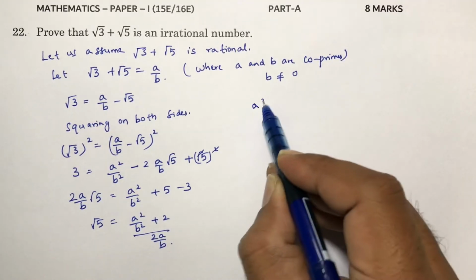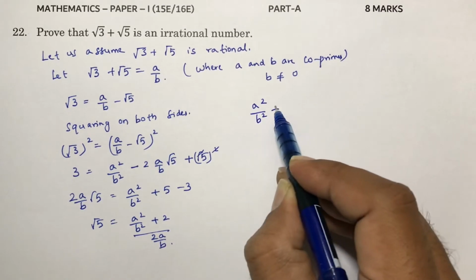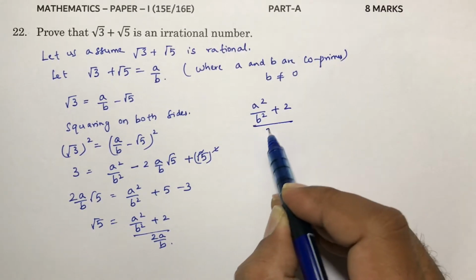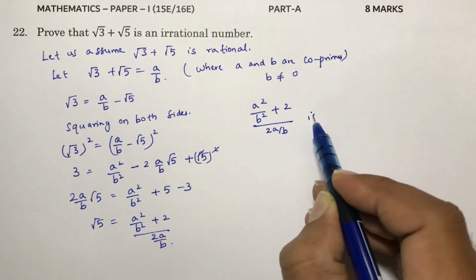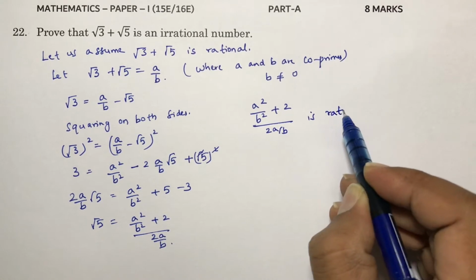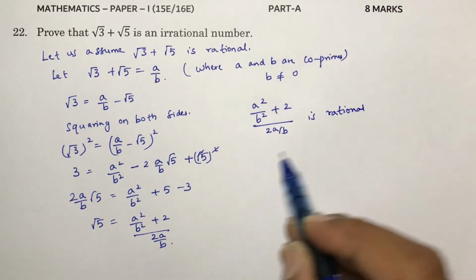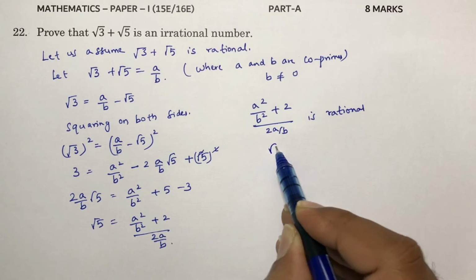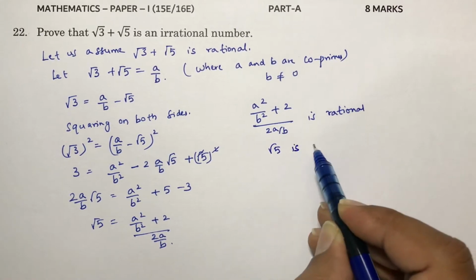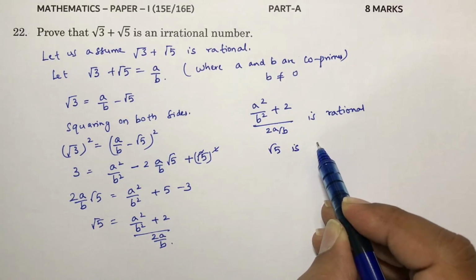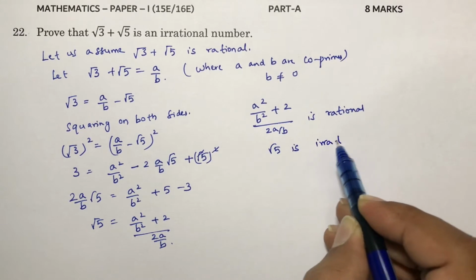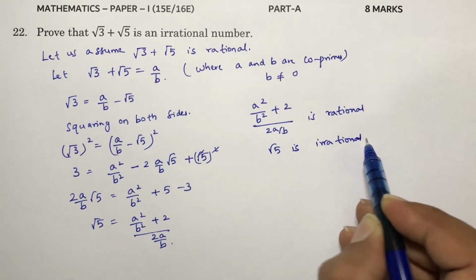So a square by b square plus 2 by 2a by b is rational, and root 5 is irrational. Root 5 is irrational.